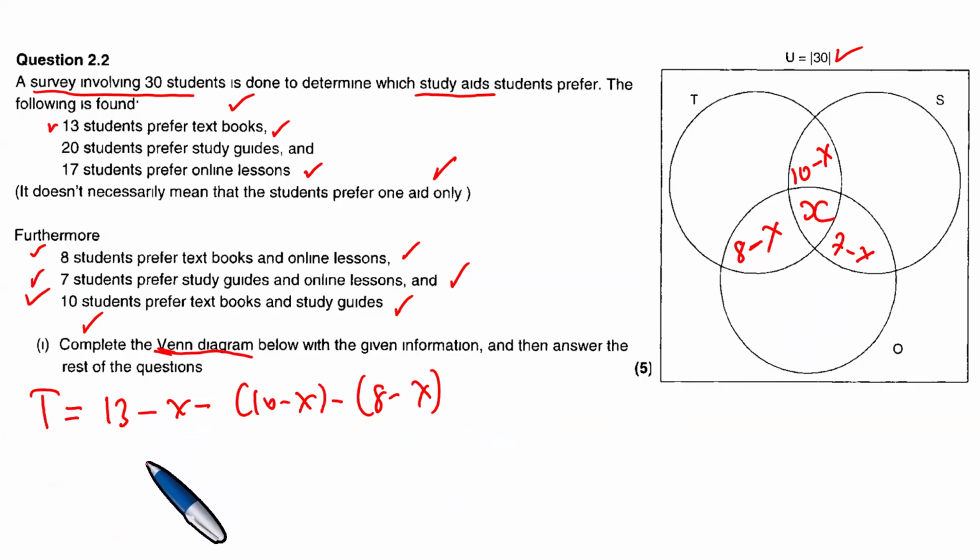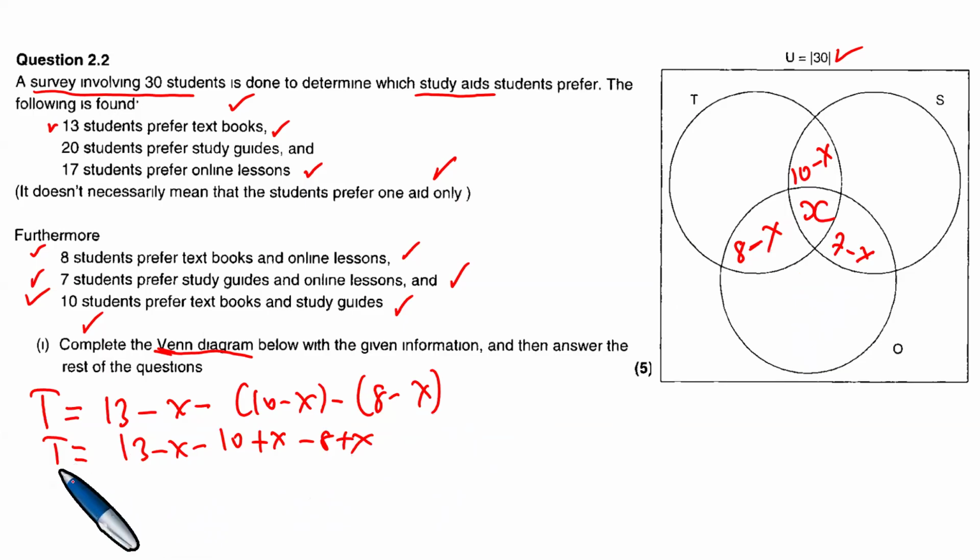And therefore, at this point, what answer do we get? We get 13 minus X minus 10 plus X minus 8 plus X. So what is this? We have 13 minus 10, which is exactly 3. 3 minus 8 is minus 5.